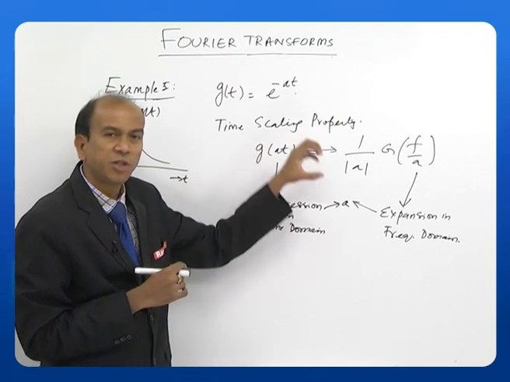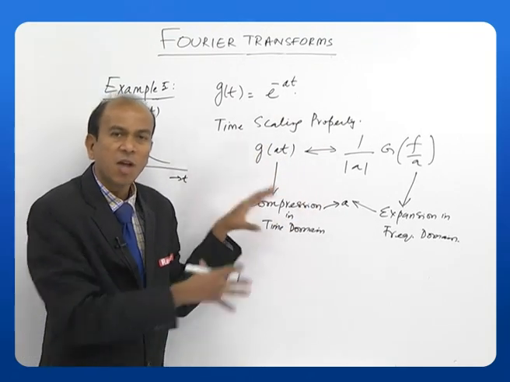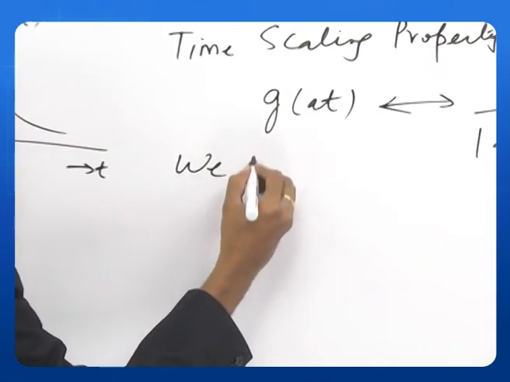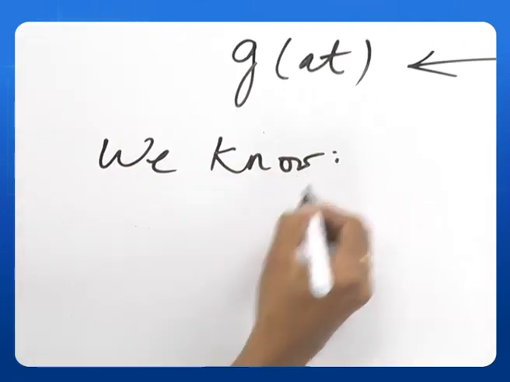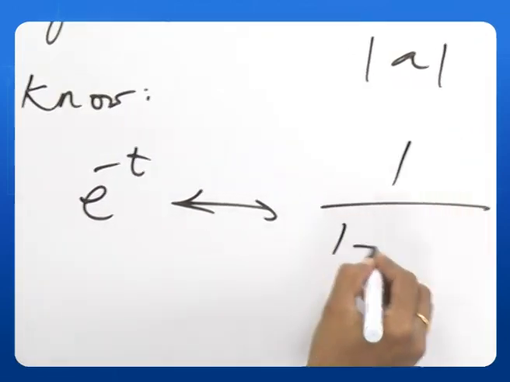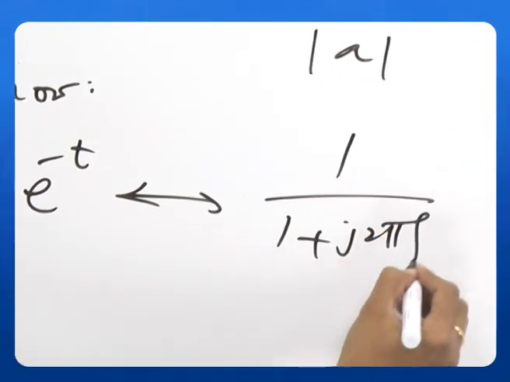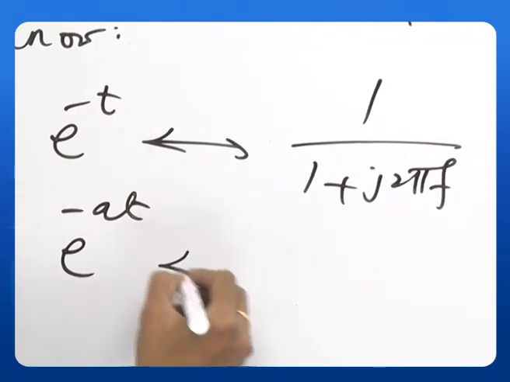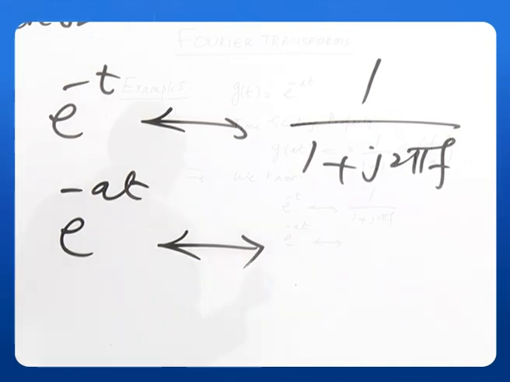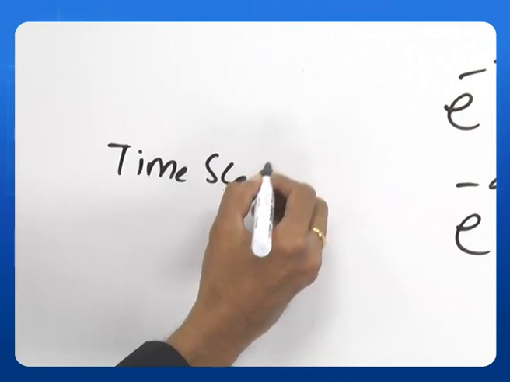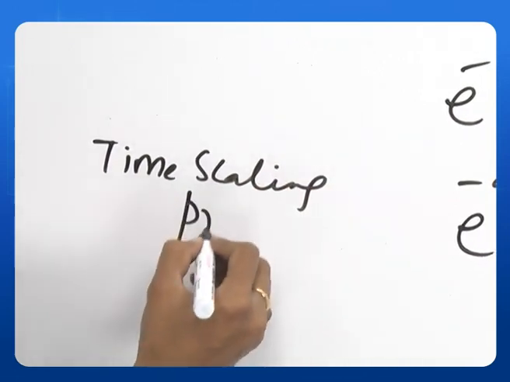Okay. So, let us use this property here and find out the Fourier transform of the given signal. We know that e to the power of minus t has a Fourier transform which is 1 by 1 plus j2 pi f. So, e to the power of minus a t will have a Fourier transform based on the time scaling property. I use the time scaling property here.